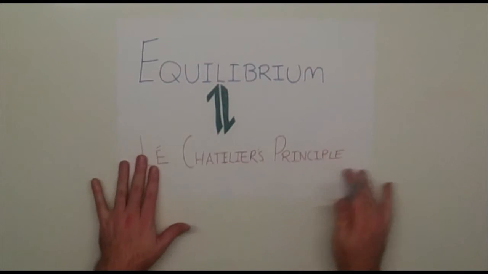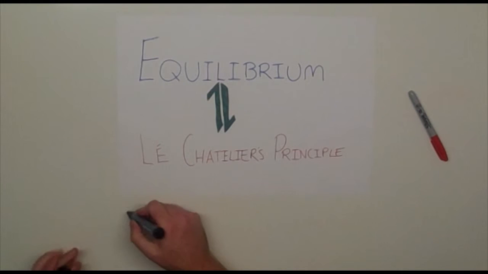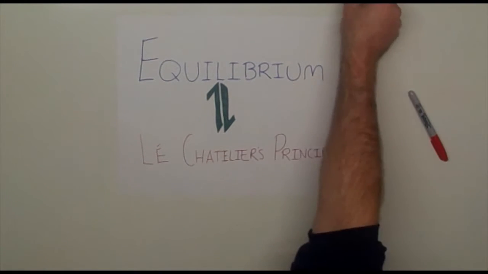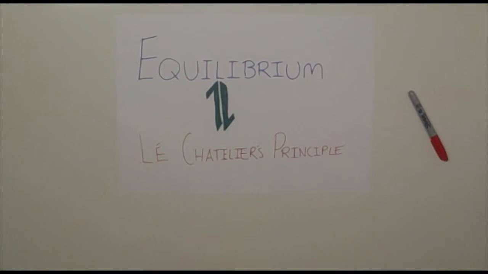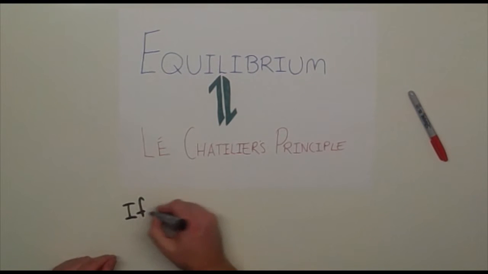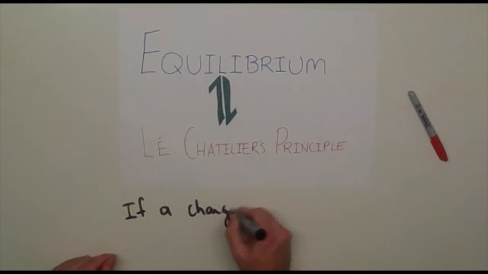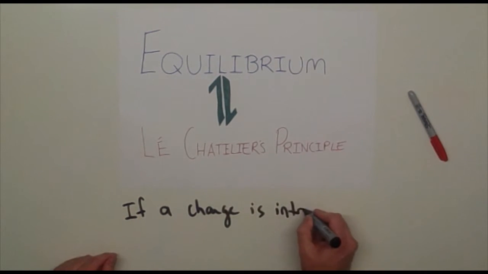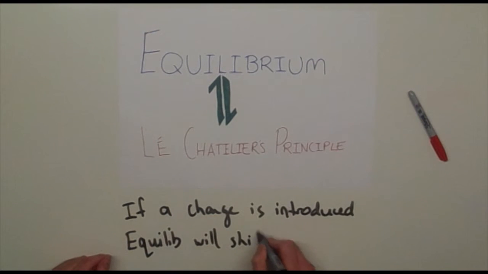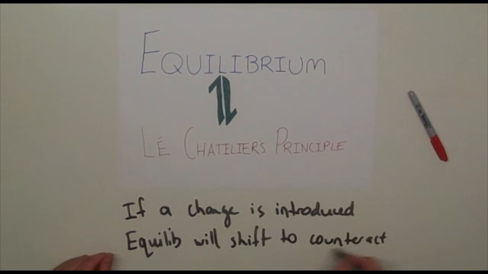Basically, Le Chatelier's principle says that if a change is introduced to a system which is at equilibrium, the equilibrium will shift to counteract the change, and this is really the key thing.